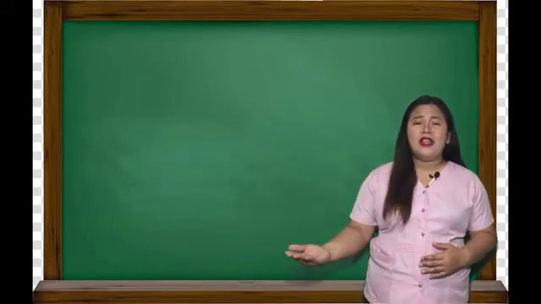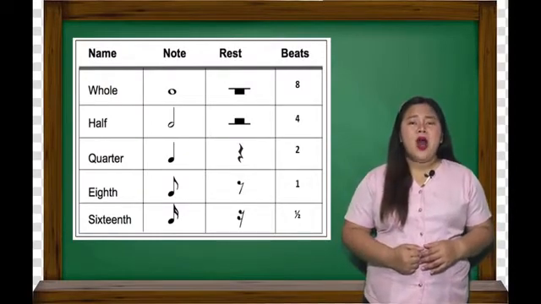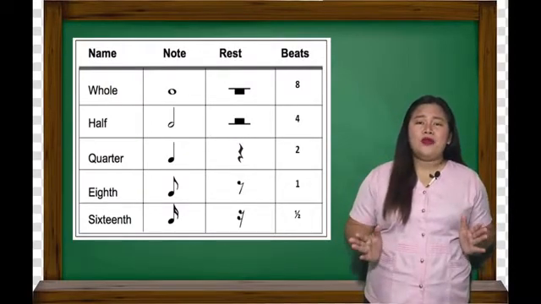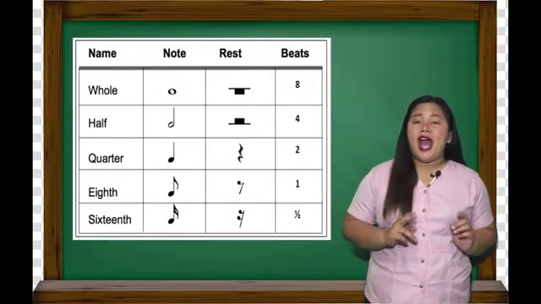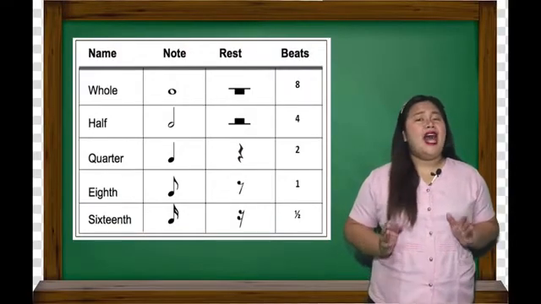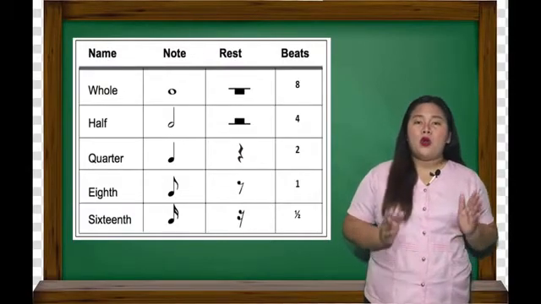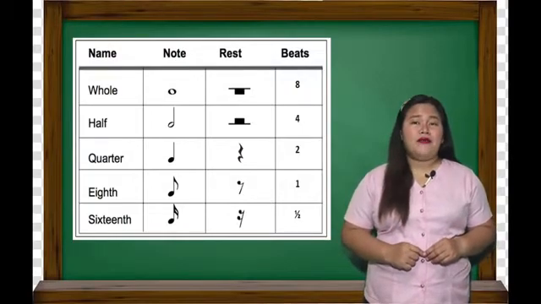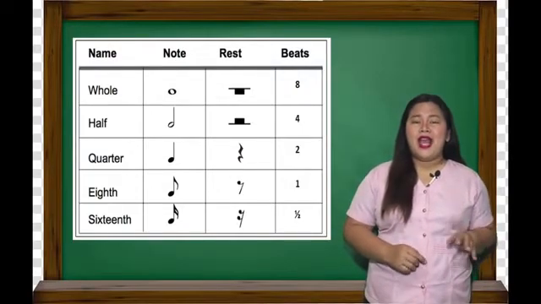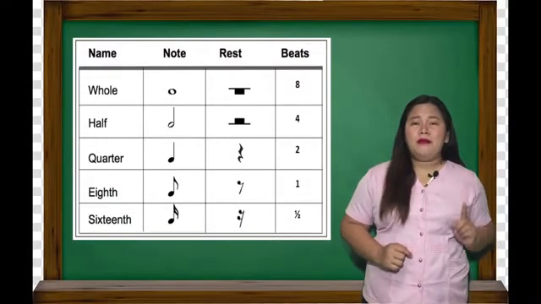Now let's look into this illustration. Whole note and whole rest will receive 8 beats. Half note and half rest will receive 4 beats. Quarter note and quarter rest will receive 2 beats. 8th note and 8th rest will receive 1 beat.